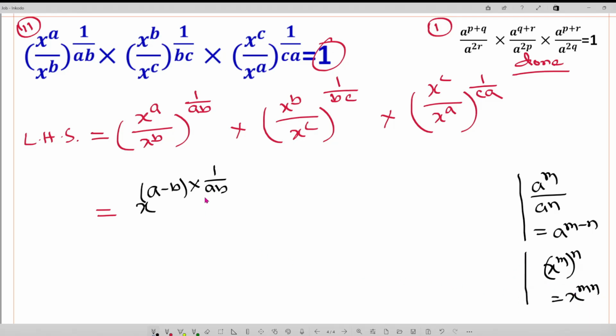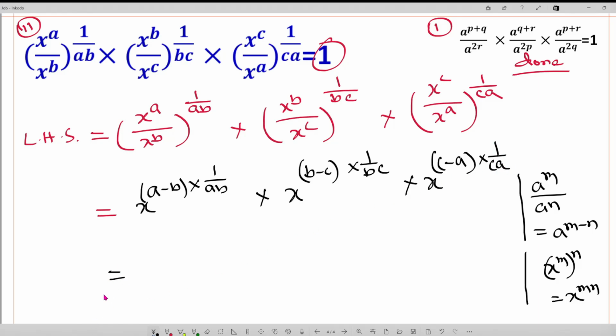It will become multiplication. Similarly, times x to the power b minus c, times 1 by bc, times x to the power c minus a, times 1 by ca. Now here all bases are the same, so in a product the powers will be added.